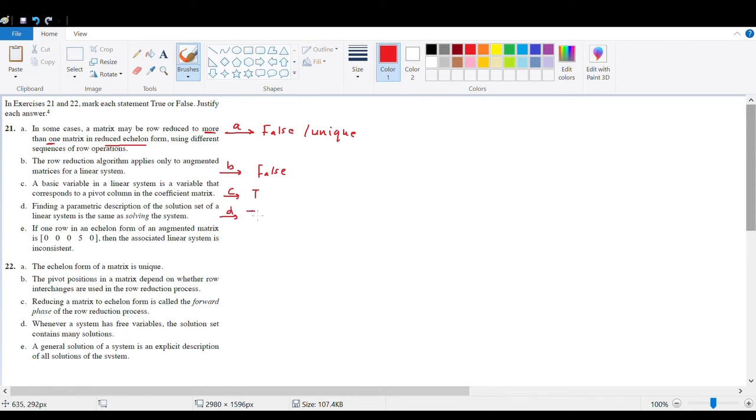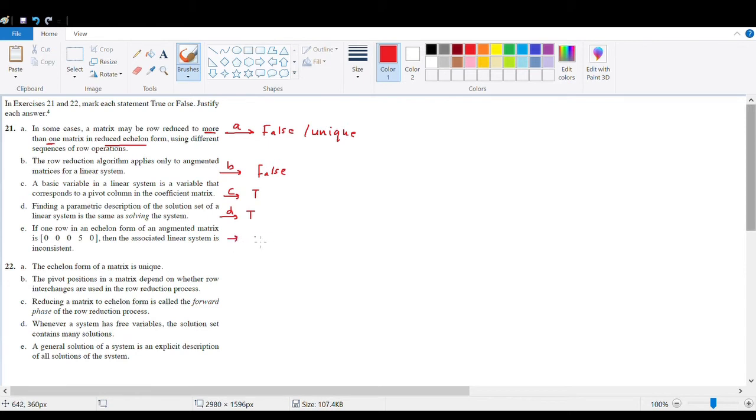It is clear from the processing to find the reduced echelon form or to find the solution set of the system, we see that the row operations finding parametric description or the general solution, it is the same. Now for E, if one row in an echelon form of an augmented matrix is 0, 0, 5, 0, then the associated linear system is inconsistent.